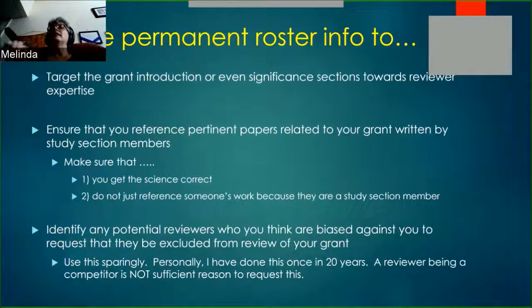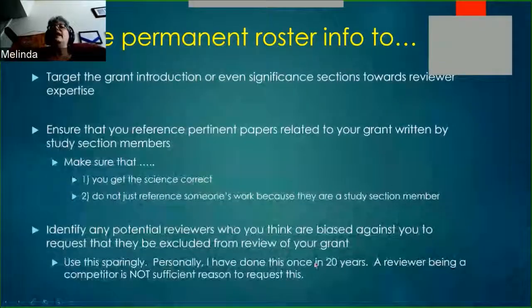Somebody like that is likely to be the person who will really go to bat for your grant because they're convinced that your work is so important that it has to get done. So just because they're a potential competitor doesn't actually mean that that's a downside. It often is an upside.